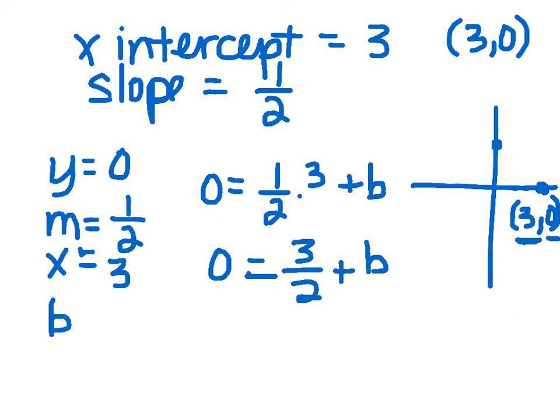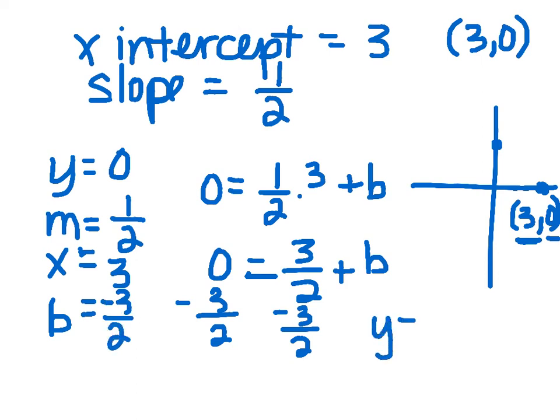It's not hard to subtract 3 over 2, so b is equal to negative 3 over 2. And the equation here would be y is equal to 1/2 x minus 3 over 2.